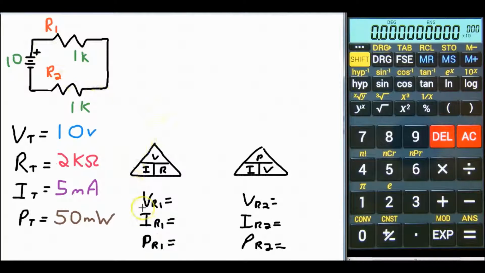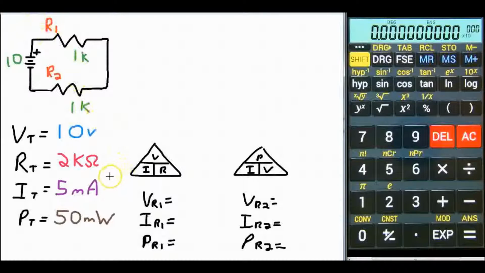Now, for us to solve for these individual values, something from the total must remain the same. We know that resistance changes. We have R1 and R2, but either voltage or current must remain the same for us to calculate the remainder of the values. And in a series circuit, current remains the same.